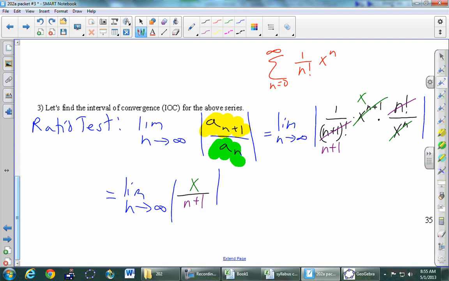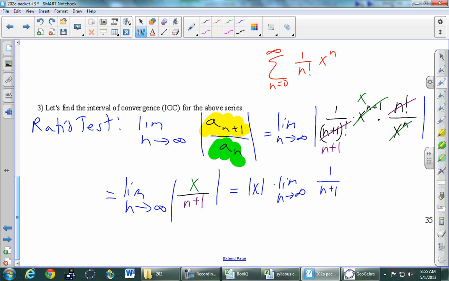Now what can we factor out? That x, because it has no n's in it and it is a constant in terms of that limit. Then 1 over n plus 1. And we don't need to put absolute value anymore because the n part is positive. N is going to infinity.